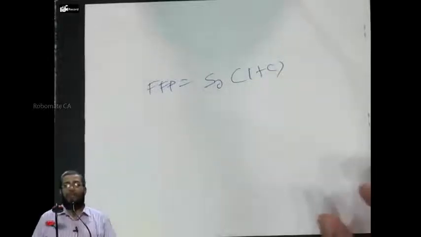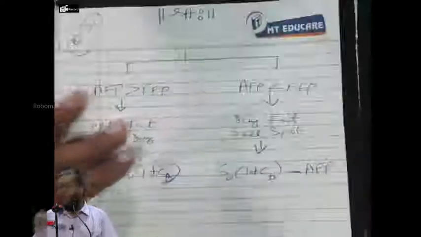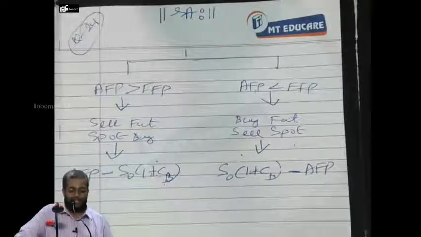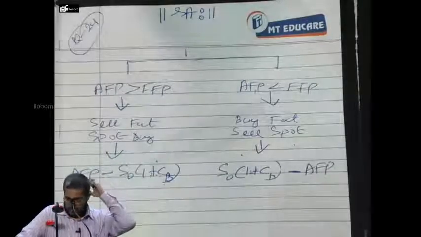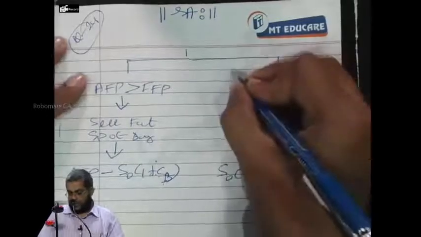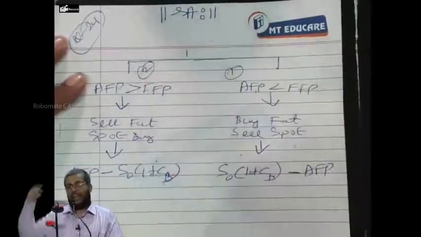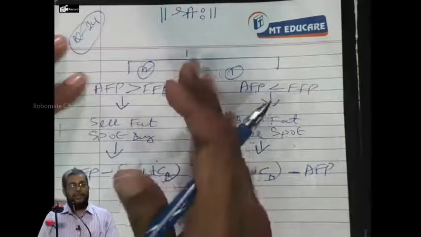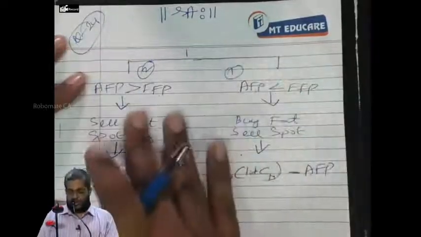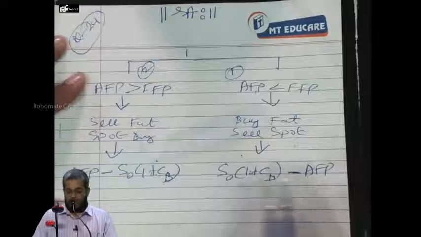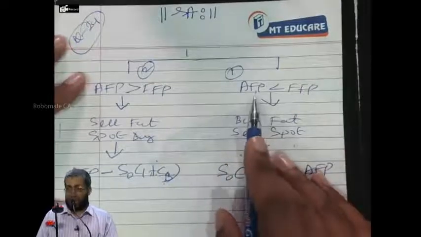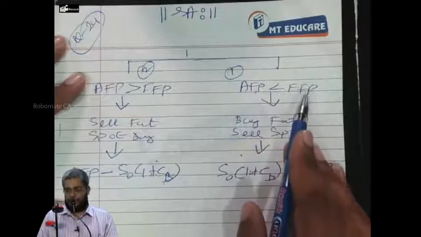Now, next, point number 2. There can be 2 situations. You write it opposite, okay? Branch it into 2. First branch: actual futures price less than fair futures price.